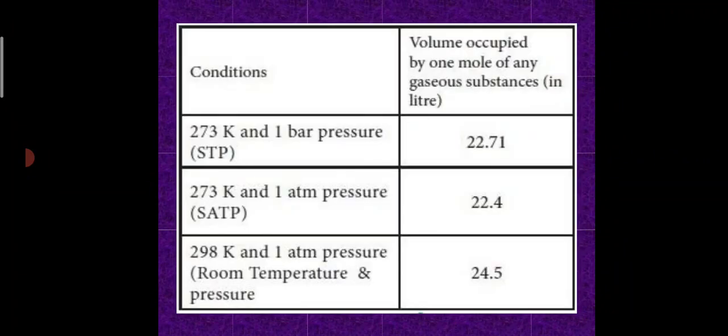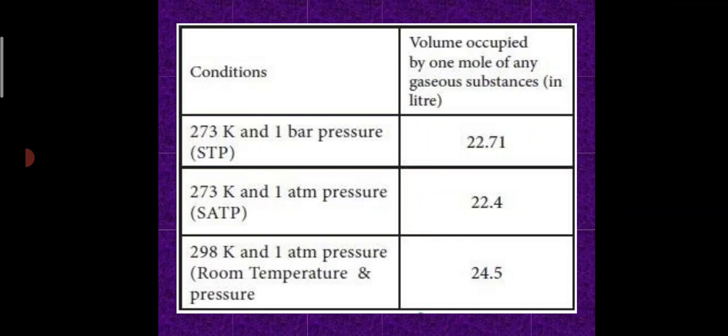So what are the conditions for the gaseous substances? Because we have different pressure terms. At 273 Kelvin and 1 bar pressure, which we call standard temperature and pressure, the volume occupied will be 22.71. All these were calculated already and given to us.